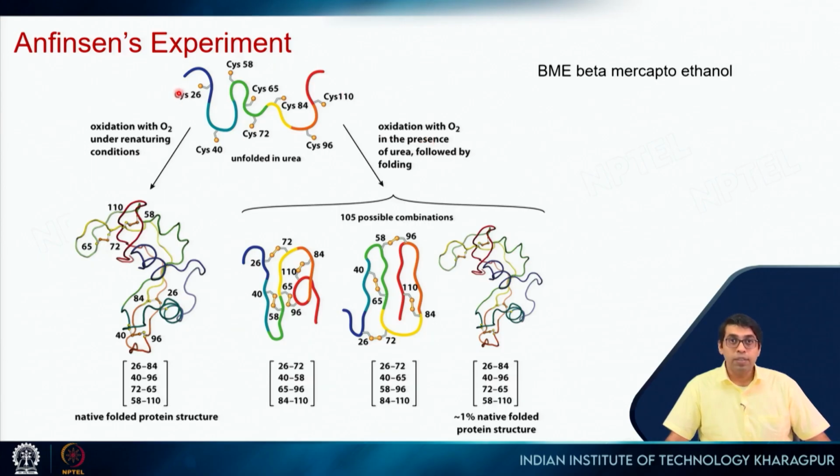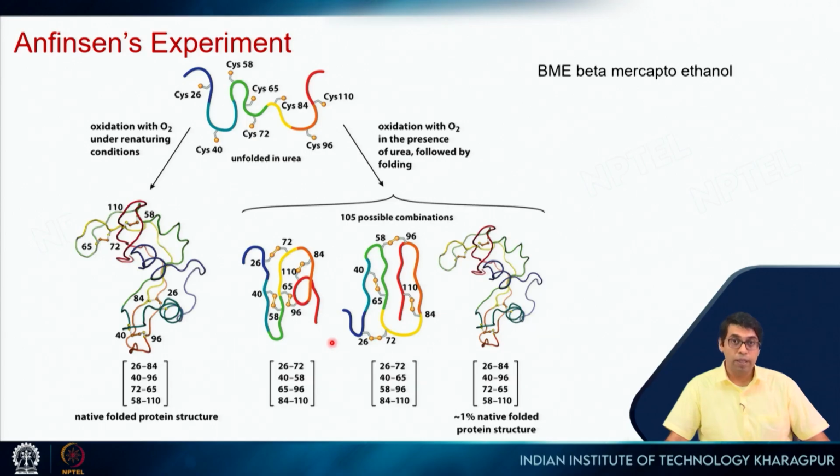So cysteines can randomly form disulfide bonds. This 26 can form a disulfide with 58 or 40 or 72 or any of these, right? So all possible combinations of these 4 disulfide bonds were formed, and only one out of all these possible combinations was correct, and only that one was able to fold properly when urea was removed.